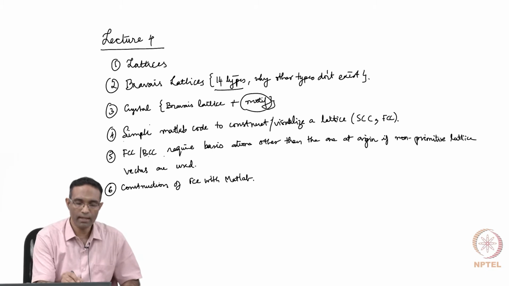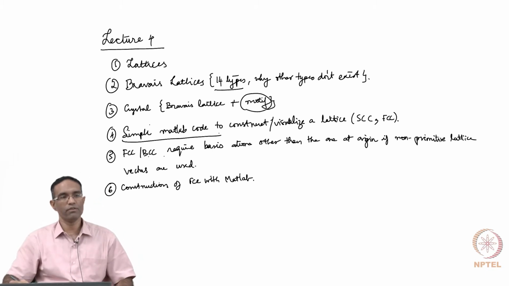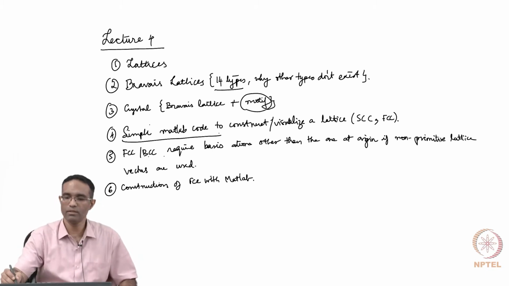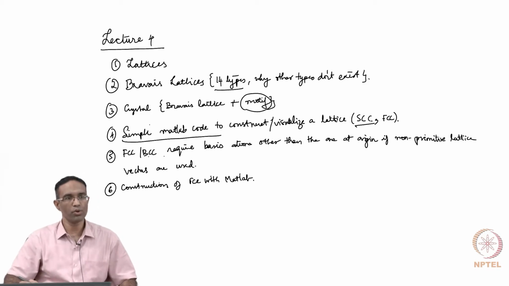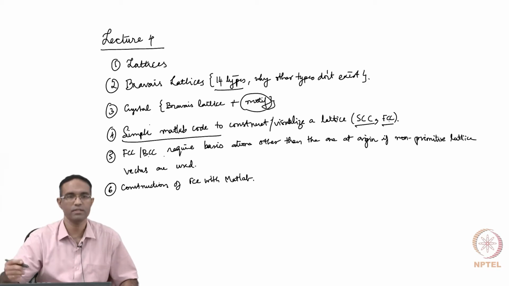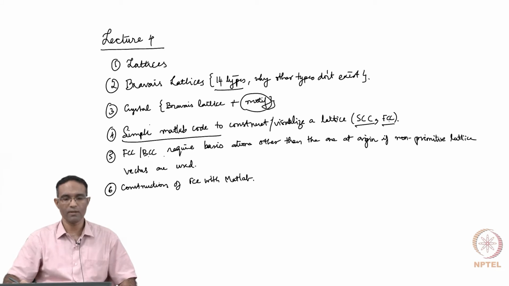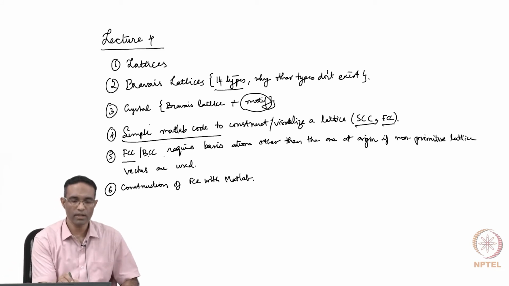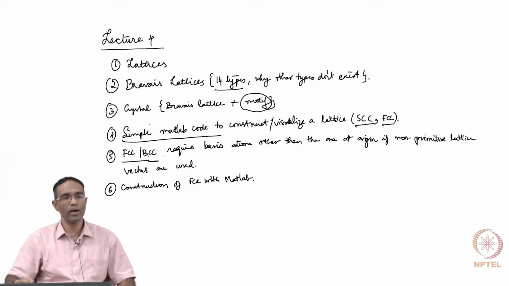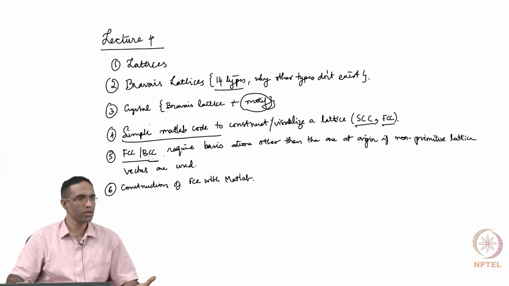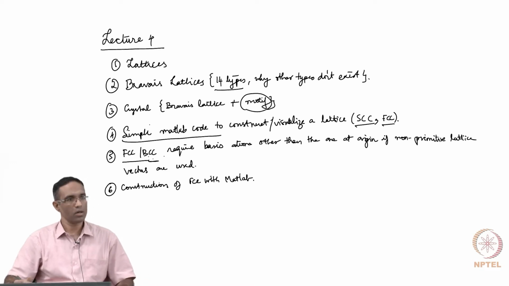Then we wrote a simple MATLAB code to basically construct and visualize a lattice. Okay, we did this for SCC, and we also showed you how to do it for FCC, face centered cubic lattice. When we defined FCC and BCC, it naturally required us to look at something called primitive lattice vectors and non-primitive lattice vectors. So both these lattices can be constructed by either using the primitive lattice vectors or the non-primitive lattice vectors.